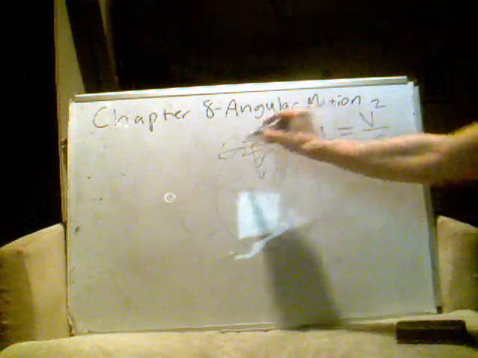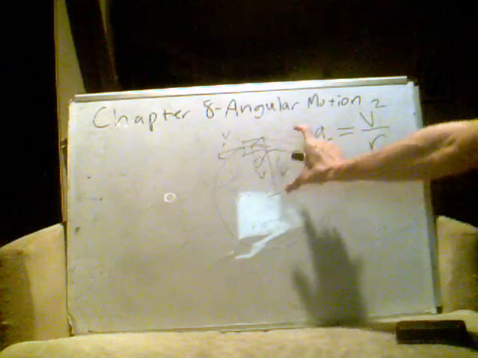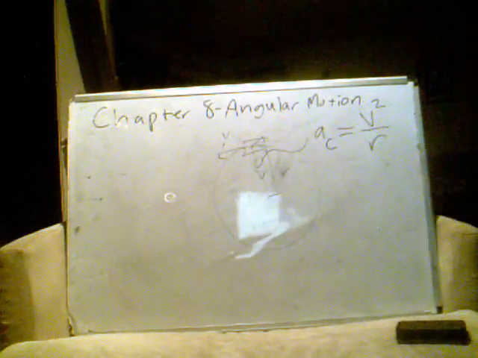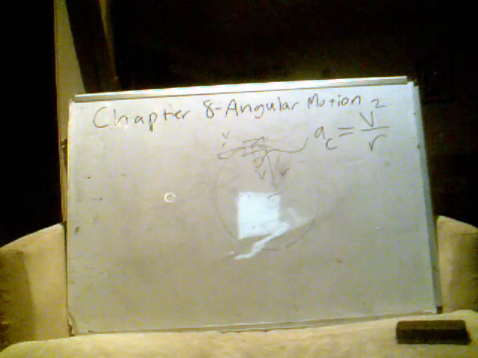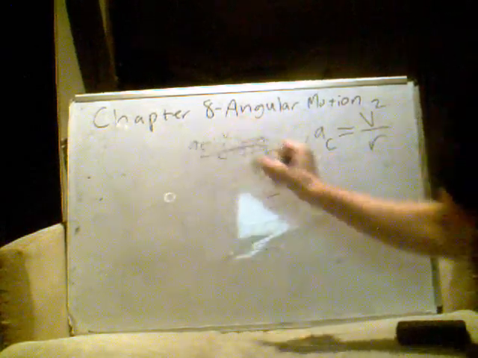Whatever your linear velocity v is, divided by the radius or distance from the axis of rotation. However, it is possible, of course, to experience tangential acceleration, like if you hit the gas while you're driving your car and turning to the left, right?